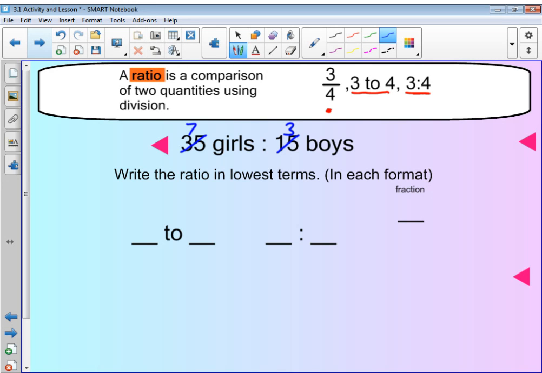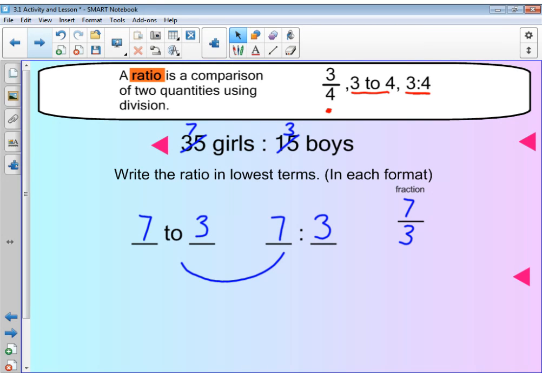Now when I write this out, it's either written out as 7 to 3, 7 colon 3, or 7 over 3. Usually these two are the most common ones used when working with ratios and comparing two numbers. A fraction can be used, but it's not used as often.